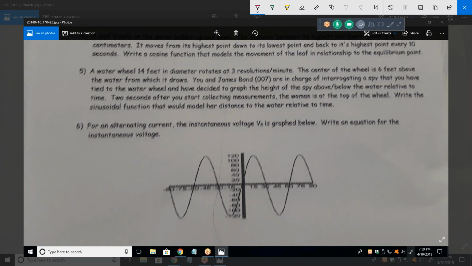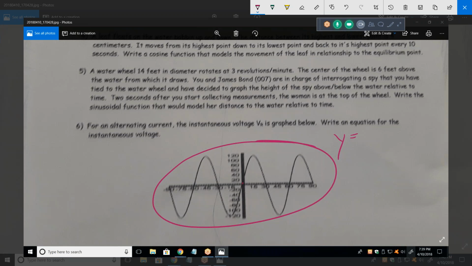At least with number 6, we are looking at what kind of a curve? What curve is that? Cosine or sine? Sine. Absolutely, it's sine.